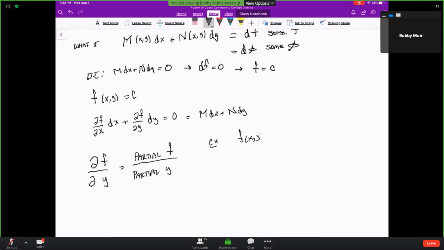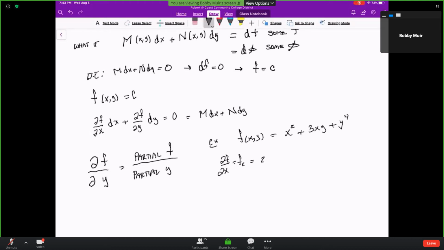Let's give you an example of this. Suppose f of x y is equal to x squared plus 3xy plus y to the fourth. Partial f partial x, which in 280 we start abbreviating as just this: take the derivative with respect to x and pretend y is just a constant.